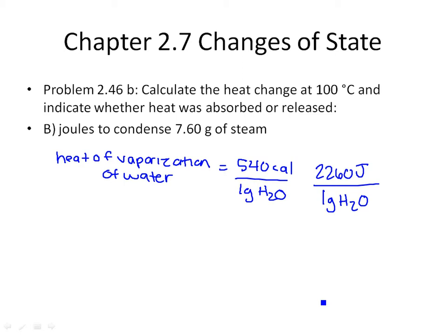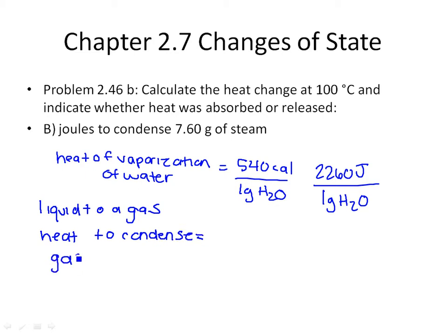So heat of vaporization is going from a liquid to a gas, but we can also use the same formula for the heat to condense, which is going from a gas to a liquid.